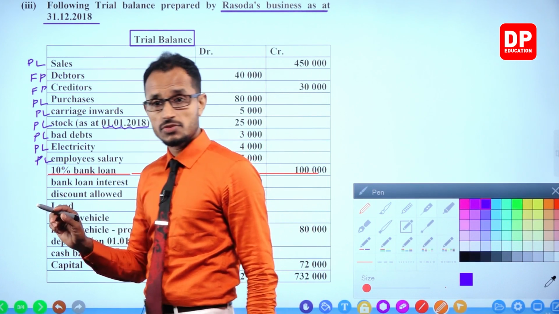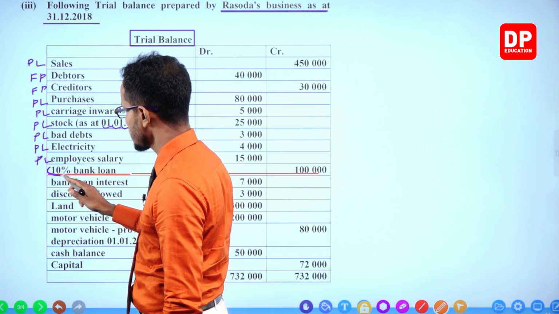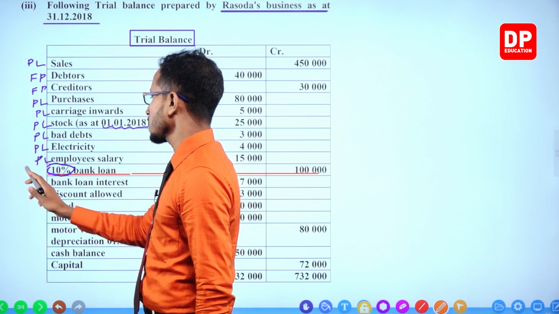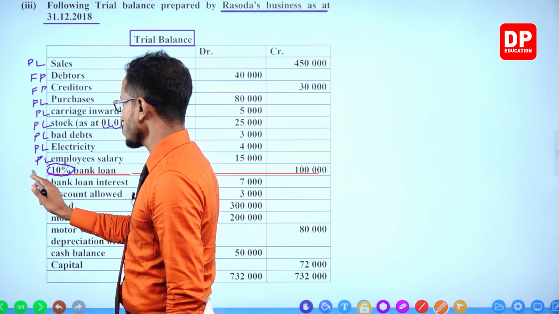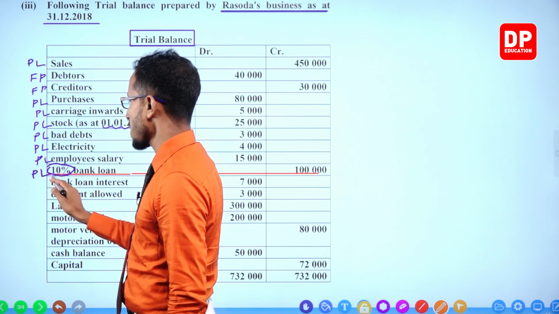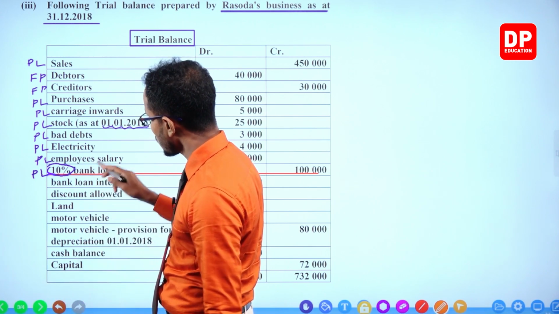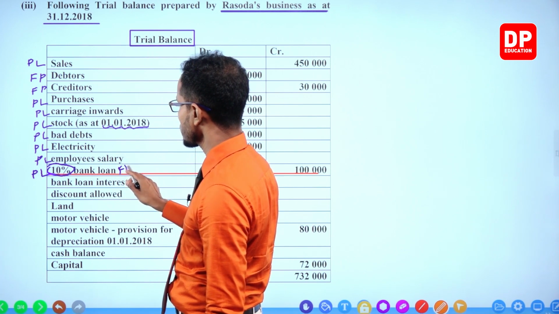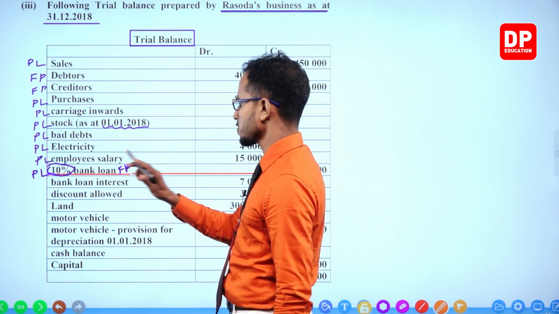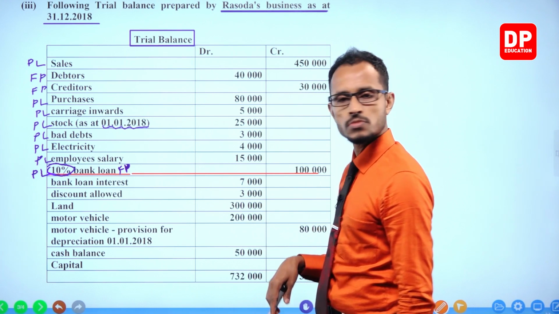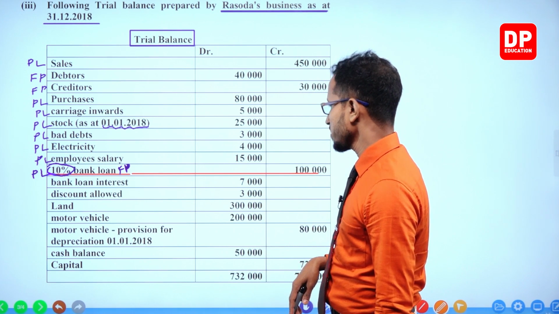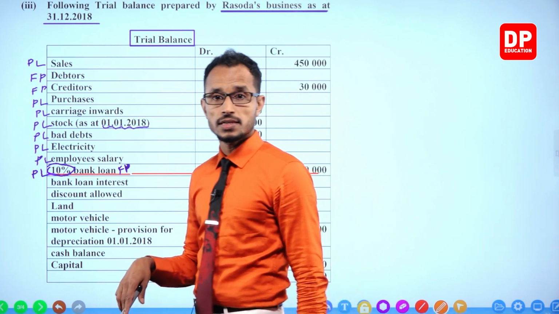When you calculate the interest according to this interest rate, 10%, the interest goes to the P&L as bank loan interest, and the bank loan goes to SOFP, the financial position statement.